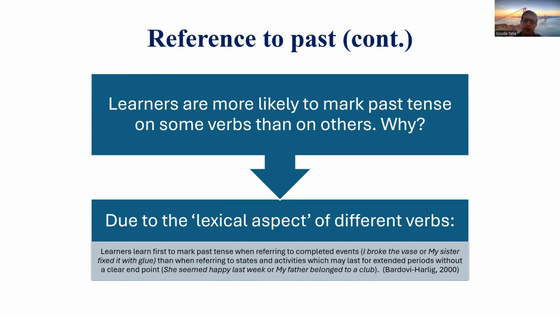So they might end up using the past tense for specific events that mark completeness, like "I broke something" or "my sister fixed it with the glue," rather than when they're referring to states or activities, which may last for an extended period without a clear end point. "She seemed happy last week," or "my father belonged to a club."